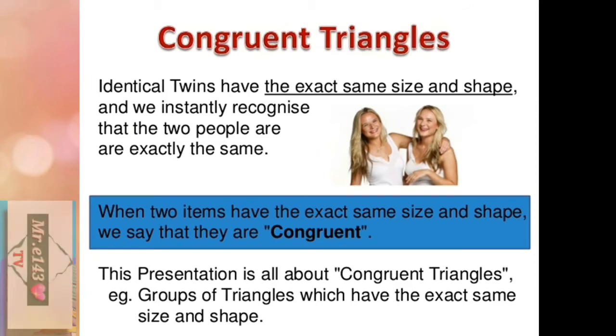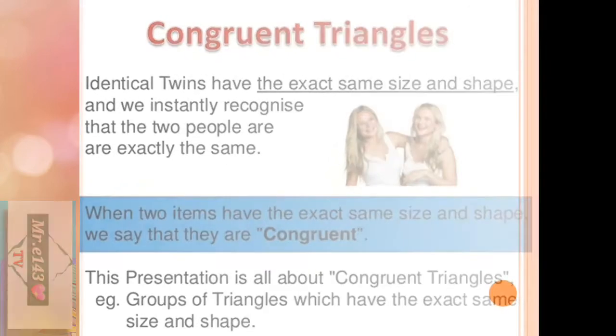Okay? So dalawang bagay, kapag pareho sila ng size pati ng shape, ibig sabihin they are congruent. Gaya ng, for instance, kambal. This presentation is all about congruent triangles, for example groups of triangles which have the exact same size and shape.